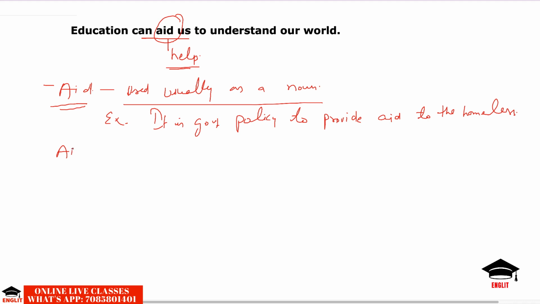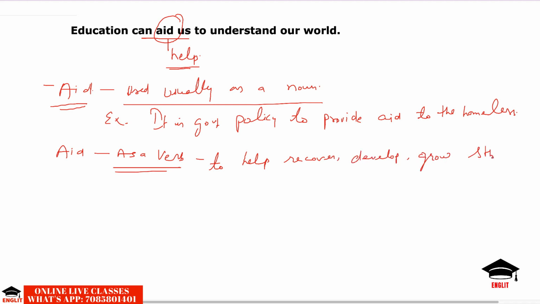Aid can also be used as a verb, but it is used to help recover or develop or grow something or somebody. So we can use aid as a verb also, but we'll have to consider one thing, that is when we are helping somebody to recover or develop or when we are helping something to grow.